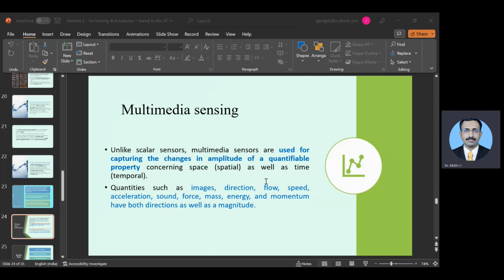So acceleration, sound, force, mass, energy, momentum, all of which have direction as well as magnitude. If you are using sensors which can measure direction as well as magnitude, we classify that as multimedia sensing. And it is done with the help of videos, images, and all those things.